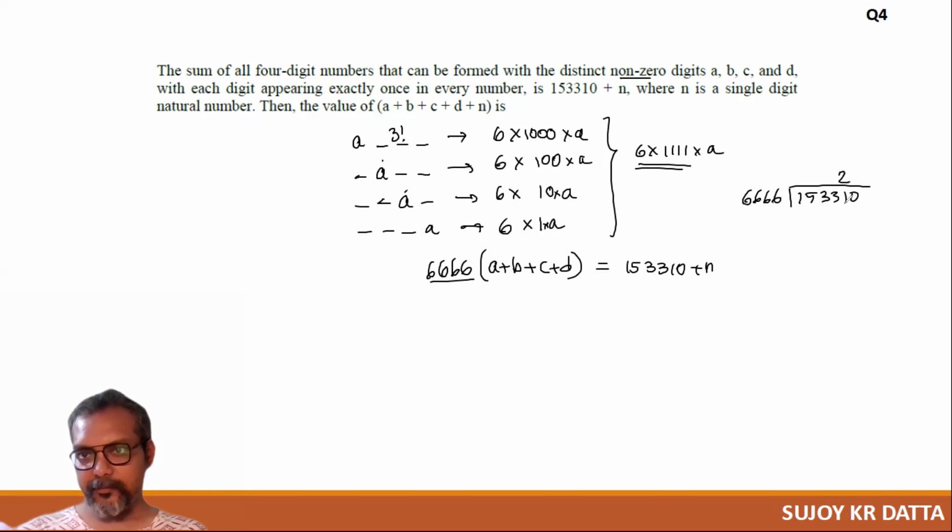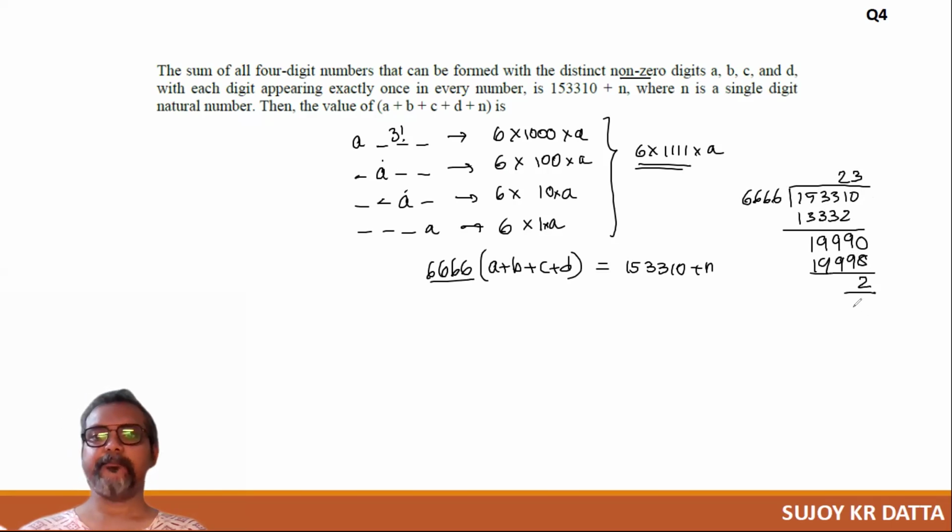So it will go 2 times. And this time it would go 3 times, leaving a remainder 2. That means if my n were 2, then this will become a multiple of 6666. So clearly we have got n is 2.